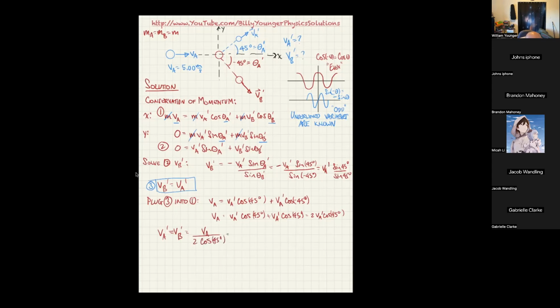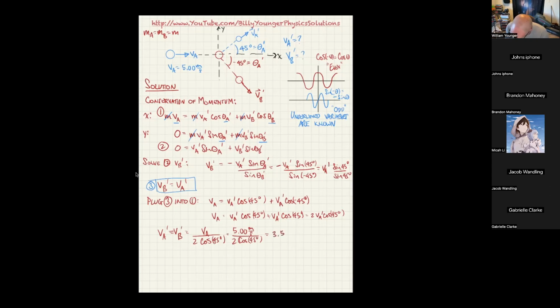So that's going to be 5.00 meters per second divided by 2 times the cosine of 45 degrees, which you all know is root 2 over 2. But dealing with that, I'm going to say 5 divided by parenthesis 2 times cosine 45, close parenthesis, again gives me 3.53.